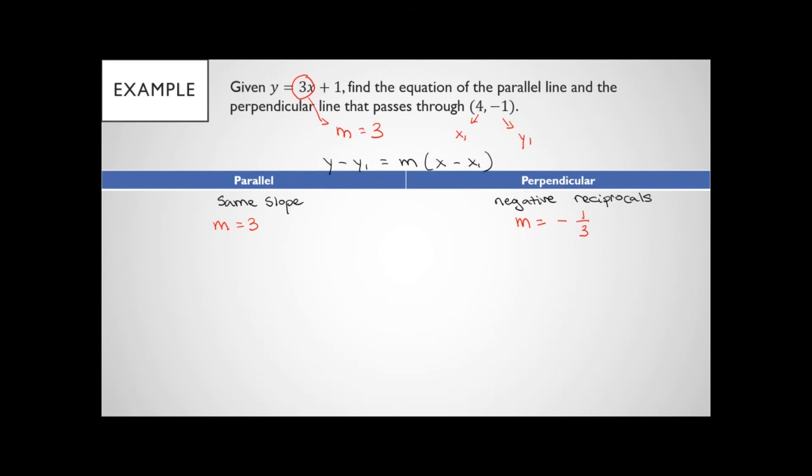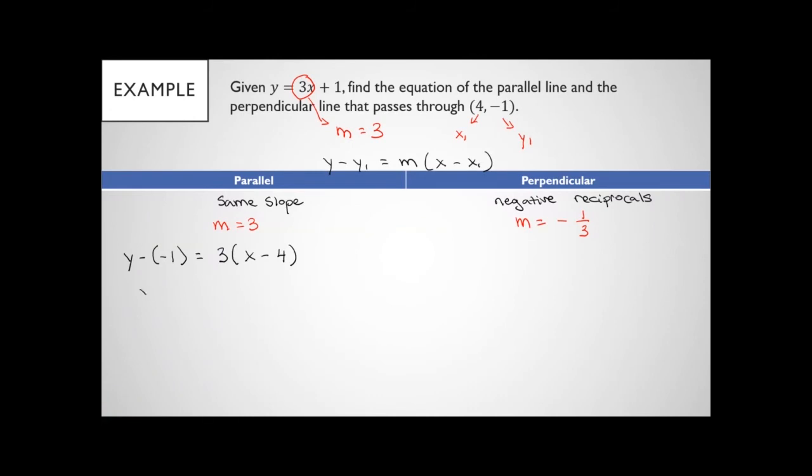So we're going to use this form to write our equation of a line, and we'll graph it at the end to verify. So I'm going to do the parallel one first. So y minus y1, which is negative 1, equals slope 3 times x minus x1, which is 4.